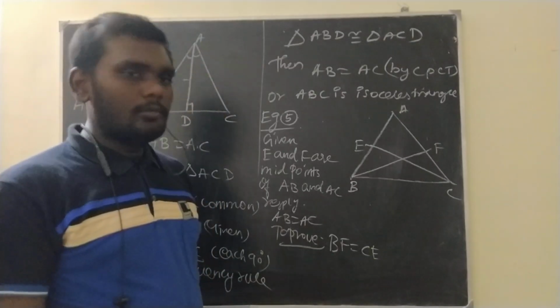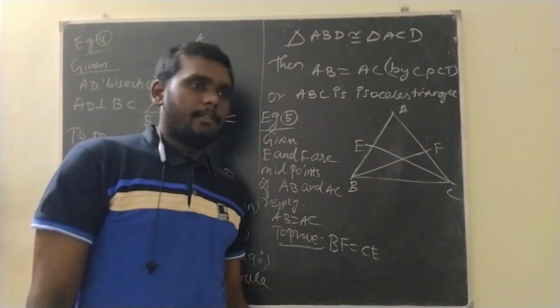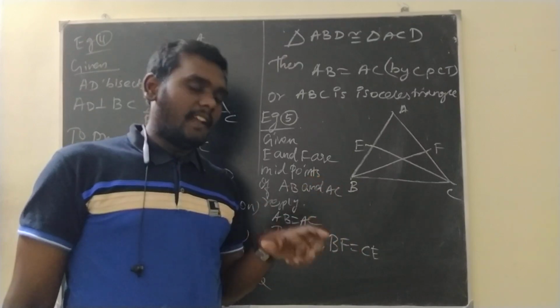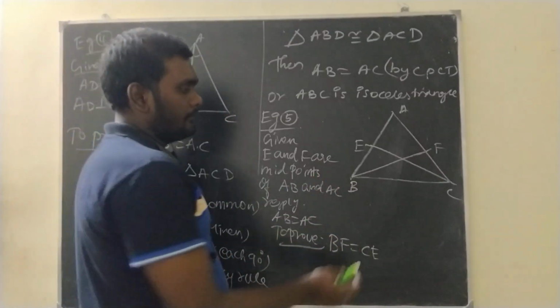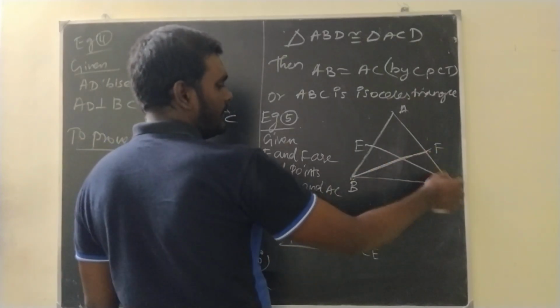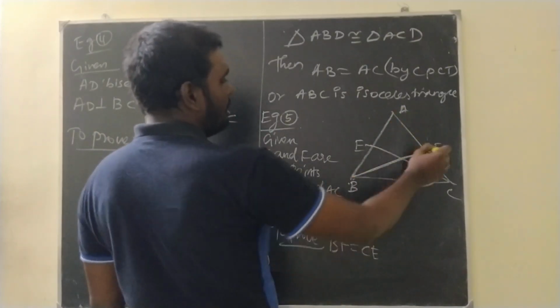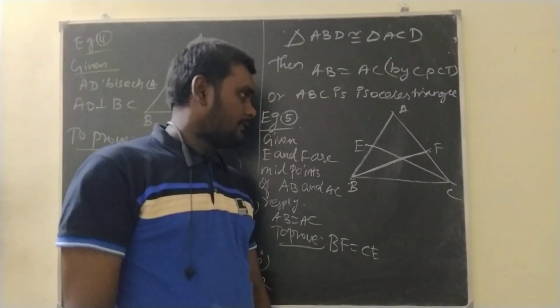Then, how can this be proved? Whenever we need to prove two sides equal like this, first we have to observe the triangles which have BF and CE as sides. BF is a side of a triangle, like BFC we can take, or else BFA we can take.